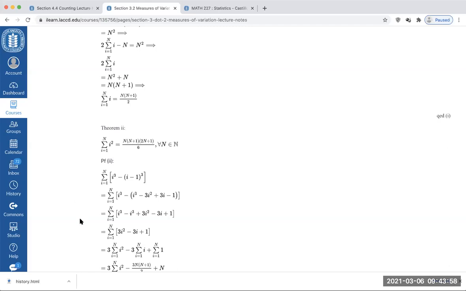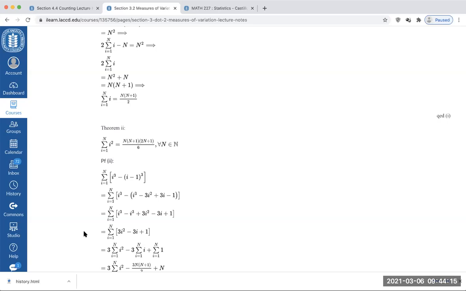Changing all the signs inside the parentheses, I get minus i cubed plus 3i squared minus 3i plus 1. The i cubes cancel. So this is just equal to the sum of 3i squared minus 3i plus 1.